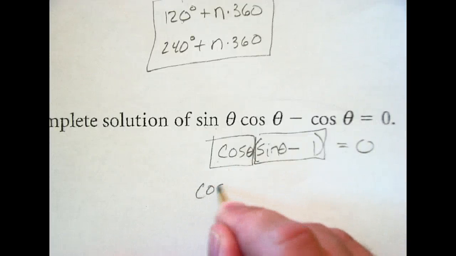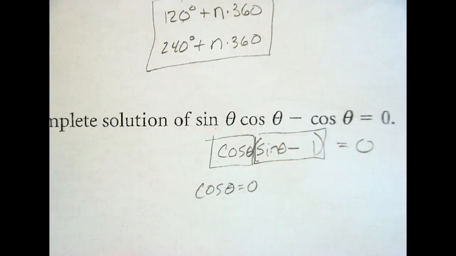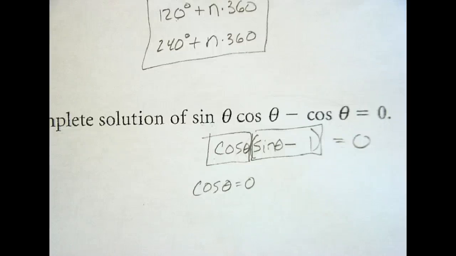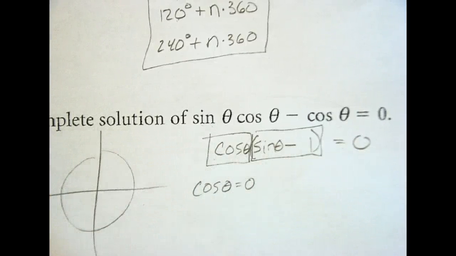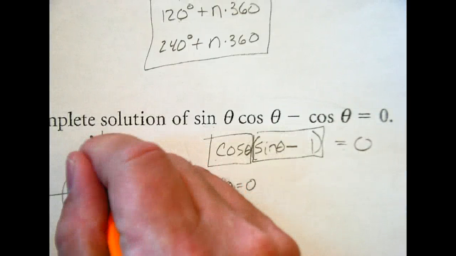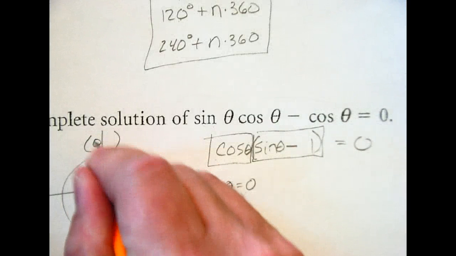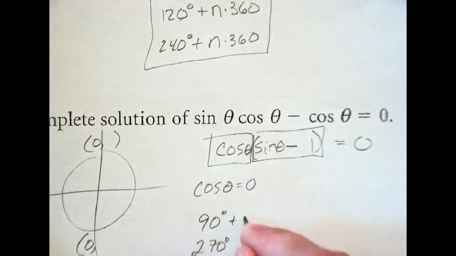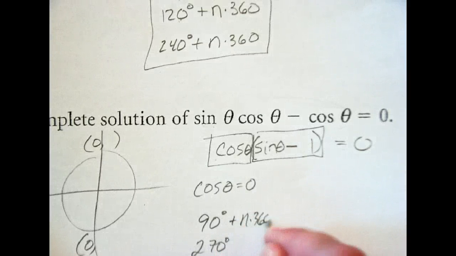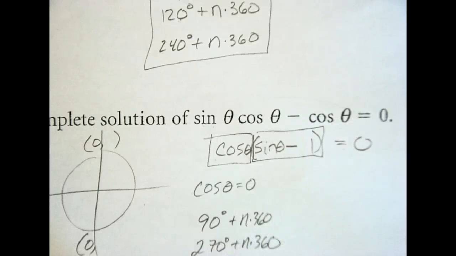So if cos theta equals 0, where does cosine theta equal 0? 90 and 270. You go plus n times 360. So there's two of our answers.